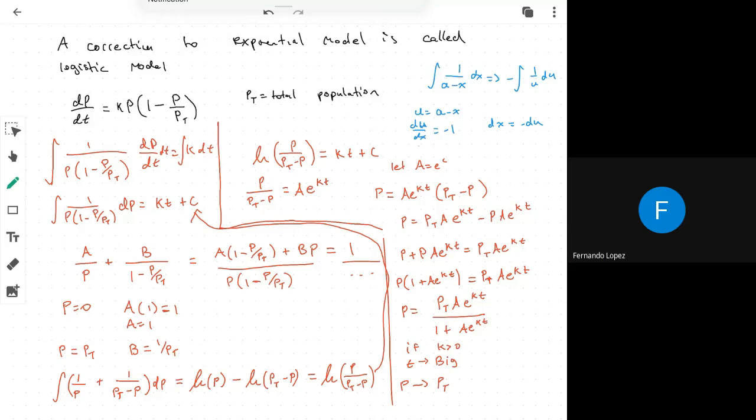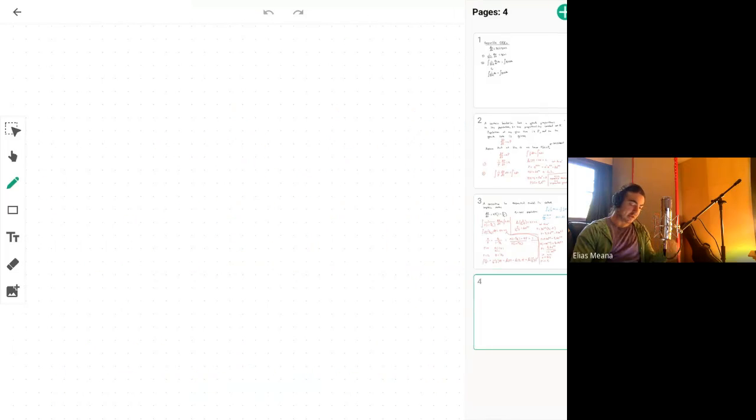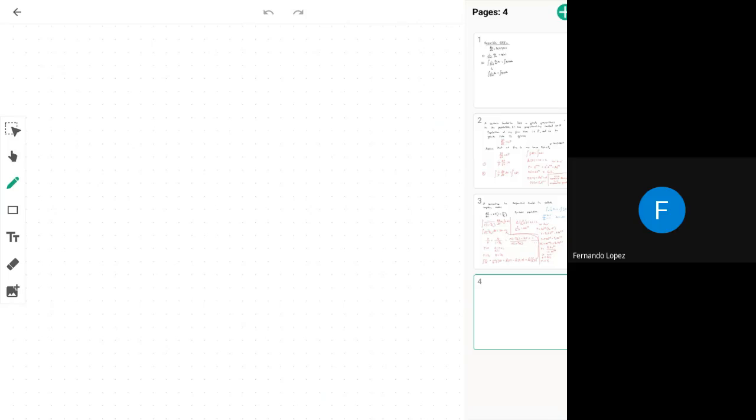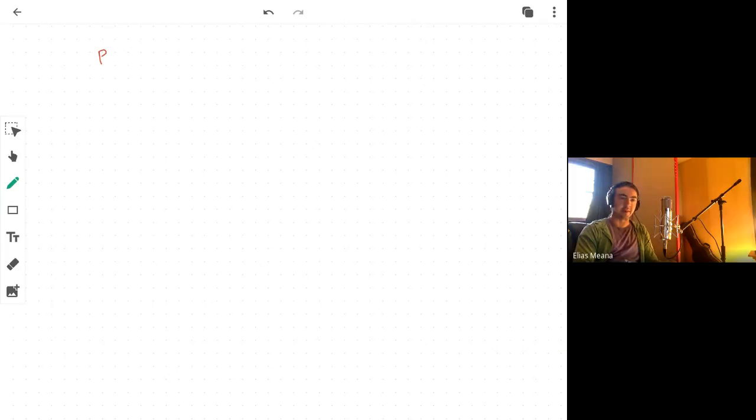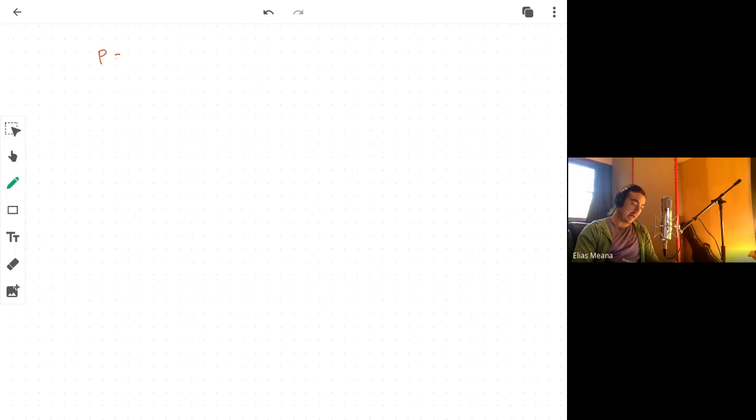Okay, so let's talk about this function for a second before we move on to some other stuff. So our logistic model is given by some constant A, times the total population P_T, times e^(kt), all over 1 plus A e^(kt). A logistic model is what it's called. You don't need to know this term, but it's a relevant term.